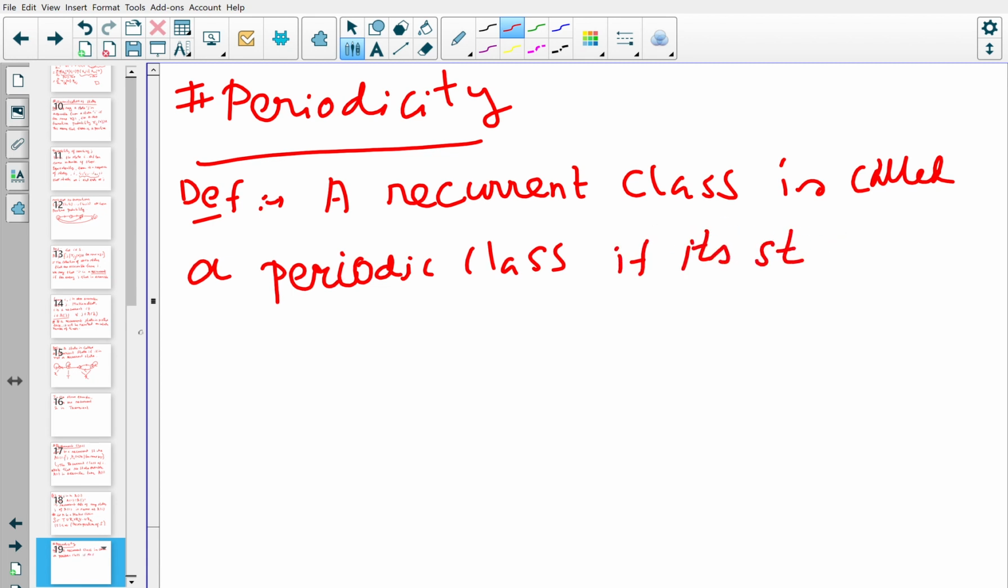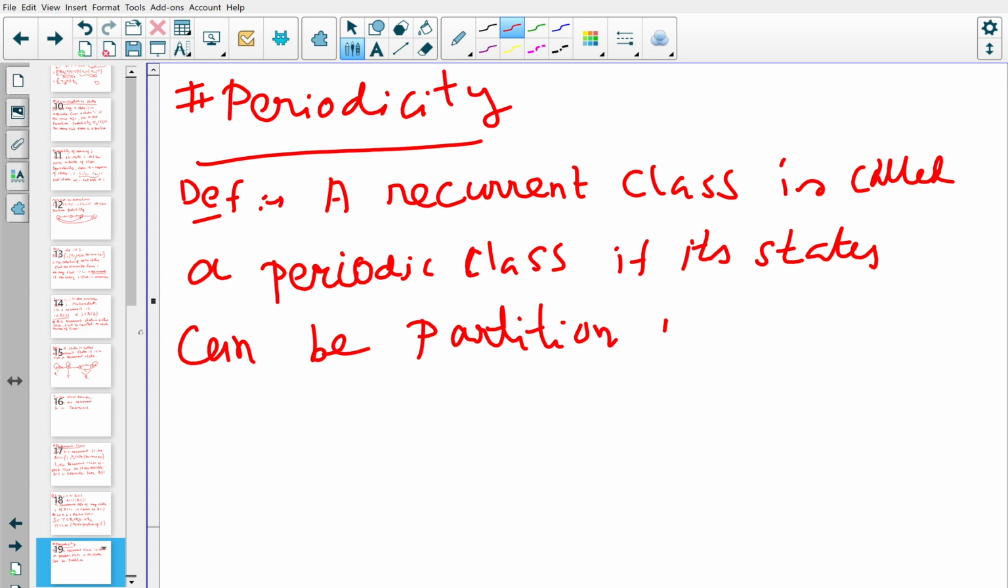its states can be further decomposed or grouped, that is, partitioned, into d subclasses or subsets, with d greater than 1, at least 2.